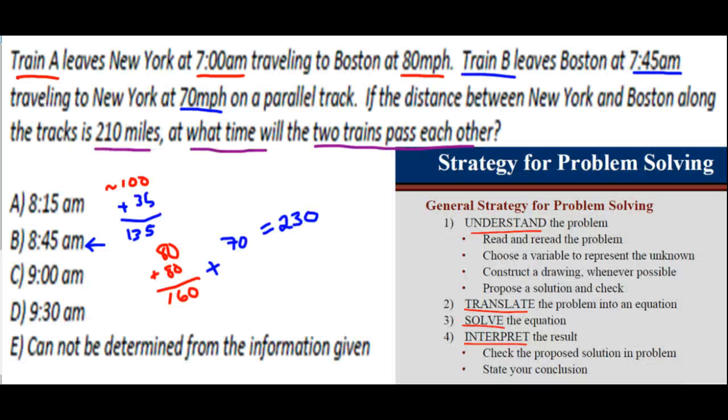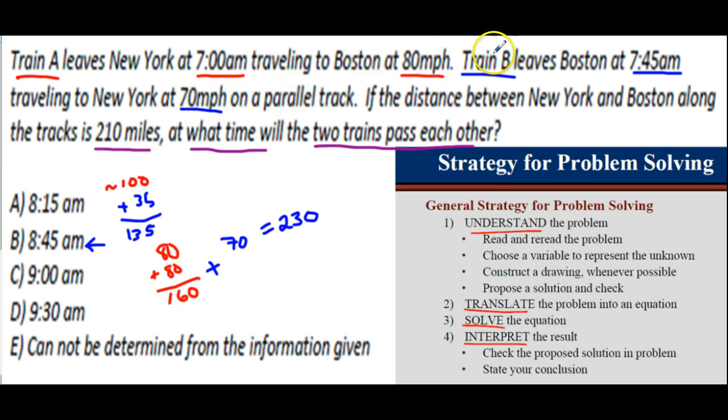Well, let's look back at our original problem. What did we know? Train A left at 7 a.m. Train B left at 7:45. So in other words, it left 45 minutes later than train A. This problem though is dealing in hours, miles per hour.